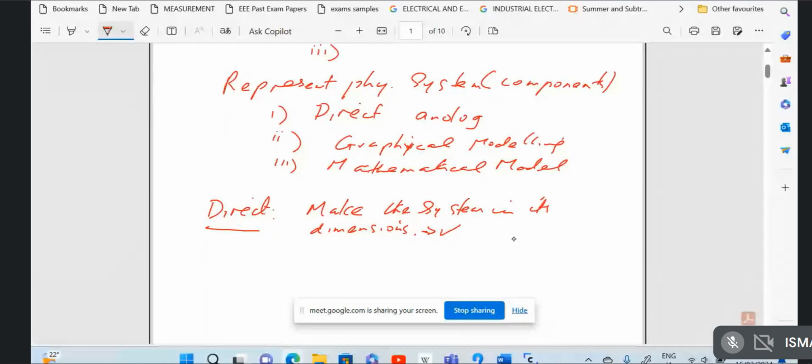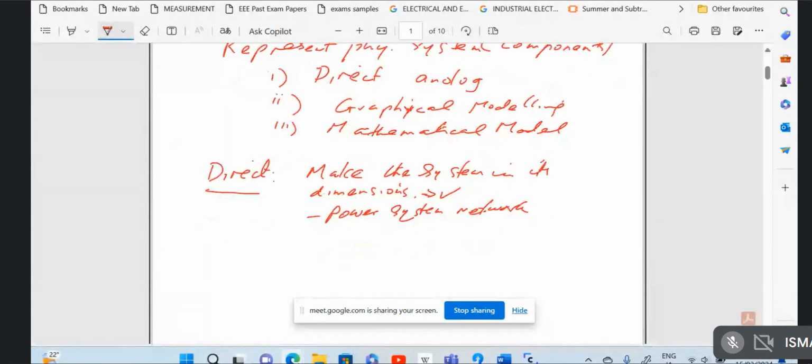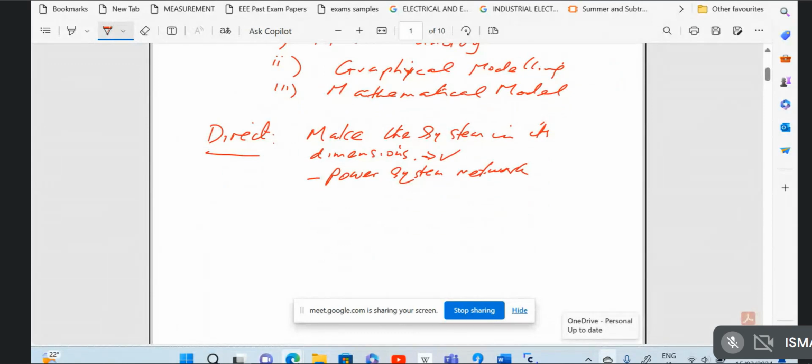This is just like the power system network. You can just do the normal dimension of the power system, a network of power system, and you do the correct configuration, and maybe run this simulation.